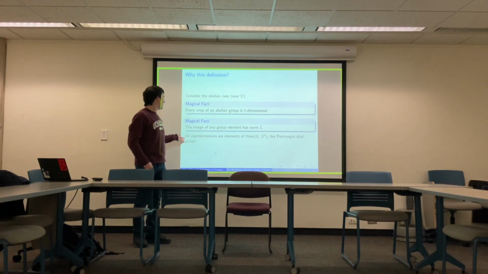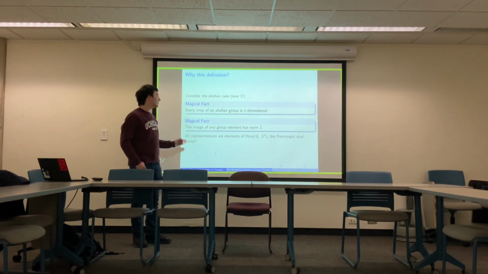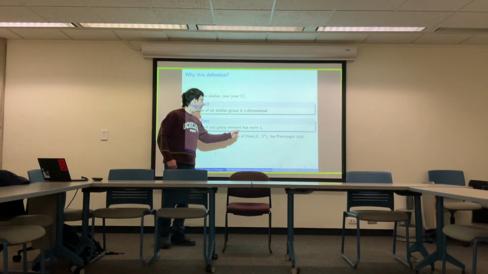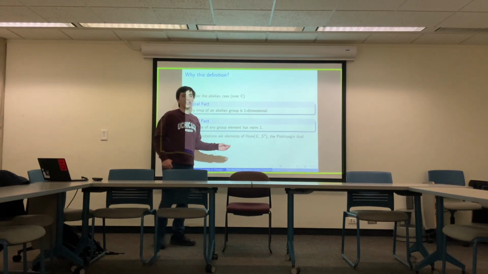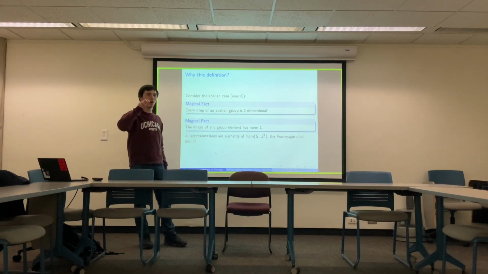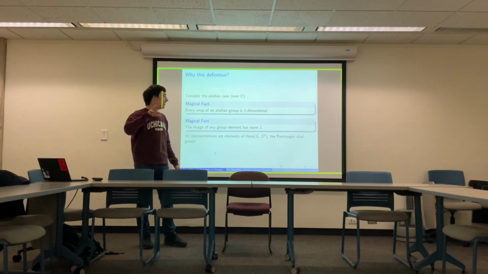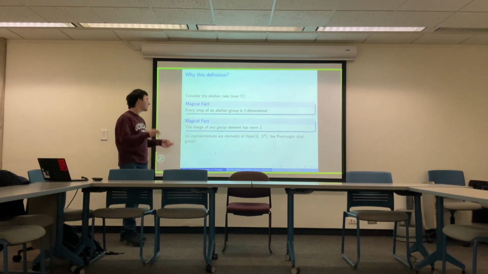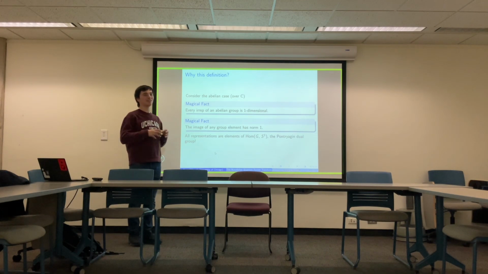And so, as a consequence, all of the representations are elements of this set of maps from G into S1, because you're thinking about the complex numbers with norm 1 under multiplication. Okay. And this is precisely the Pontryagin dual group we talked about last week. And so you see the abelian case is really just a special case of this more general non-abelian case.